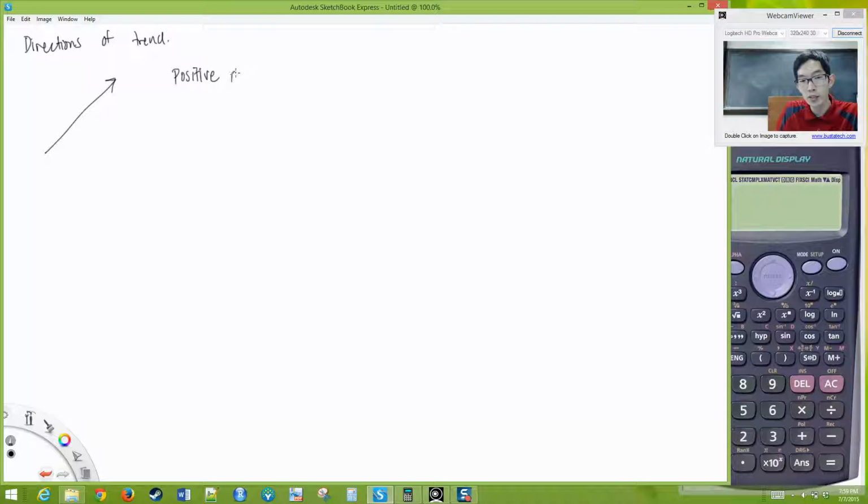So if your dots go in this direction, okay, this indicates positive association, or just the positive direction. And this means data points with large x values tend to have large y values.